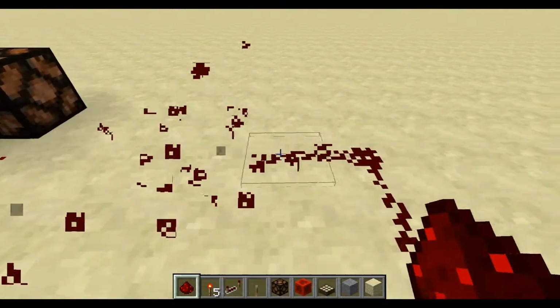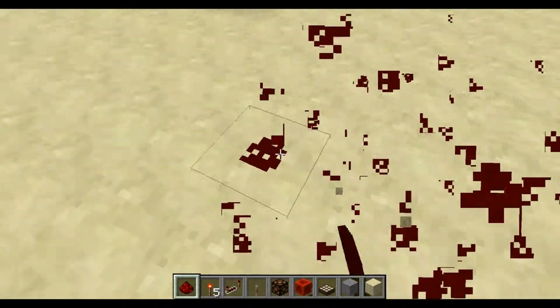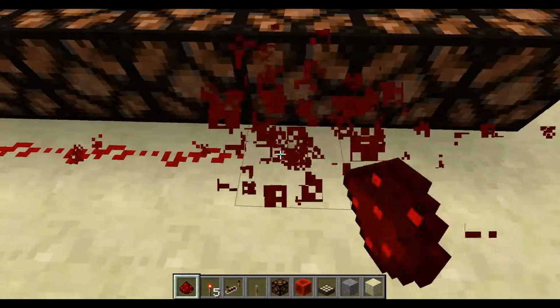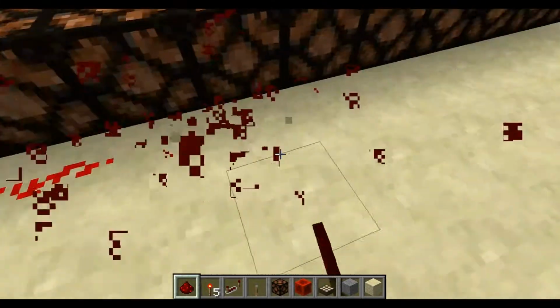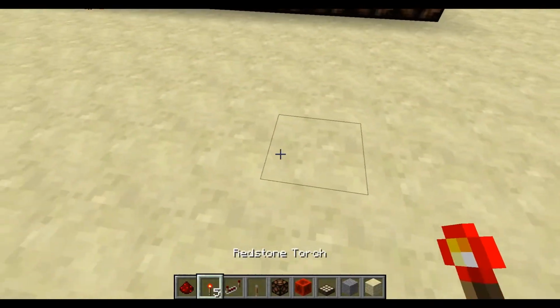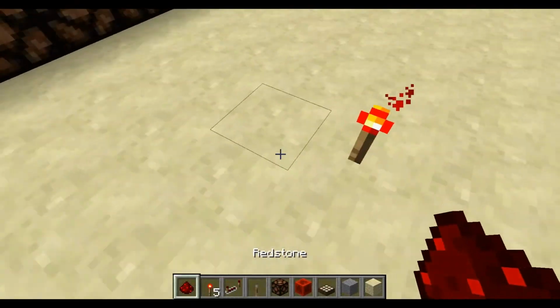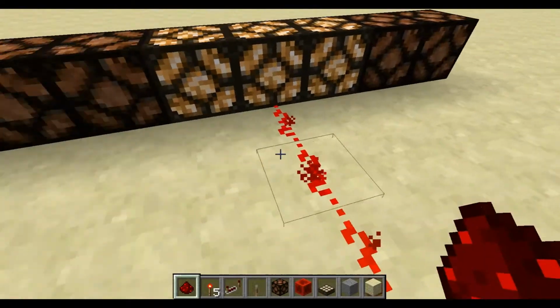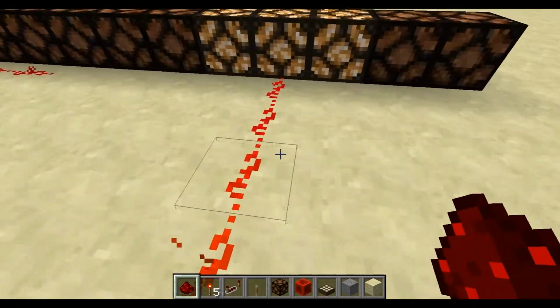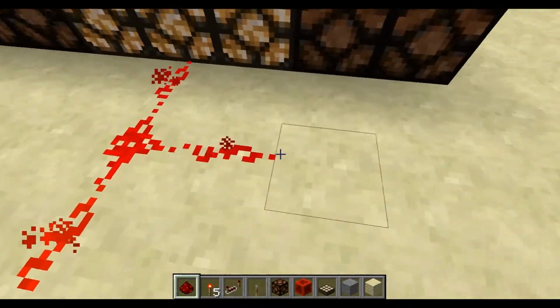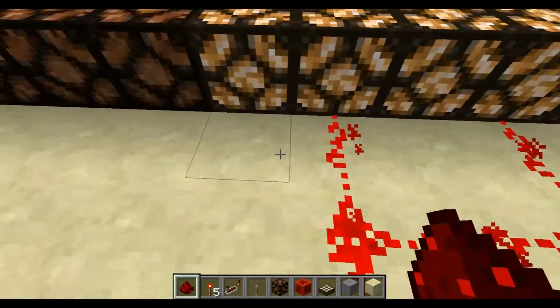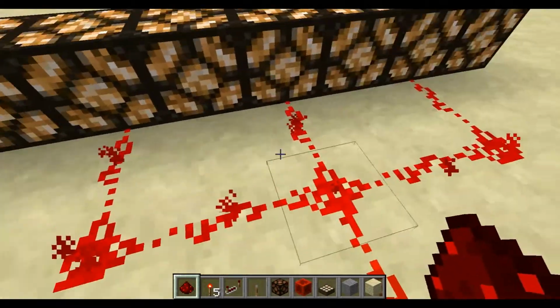So if I had a bunch of lamps, which I happen to have right about here, and let's say I have a power source like this torch here. So if I have redstone going to power these blocks, I can't power them except for going out like this.